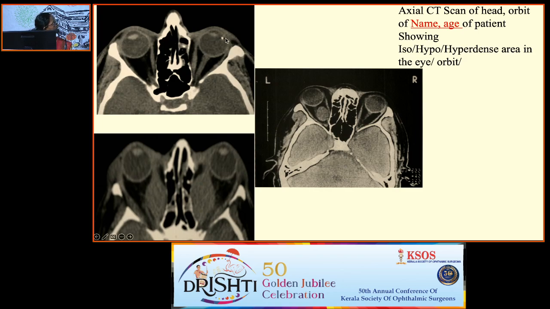So here it is in the eye, close to the lens. So it is an intraocular foreign body. Here you can see another mass lesion, which is isodense with your muscle or brain. Here another, what is this? Can you describe this?